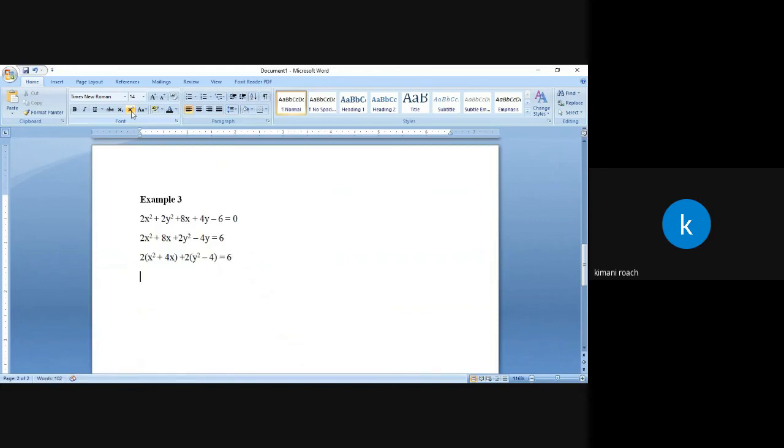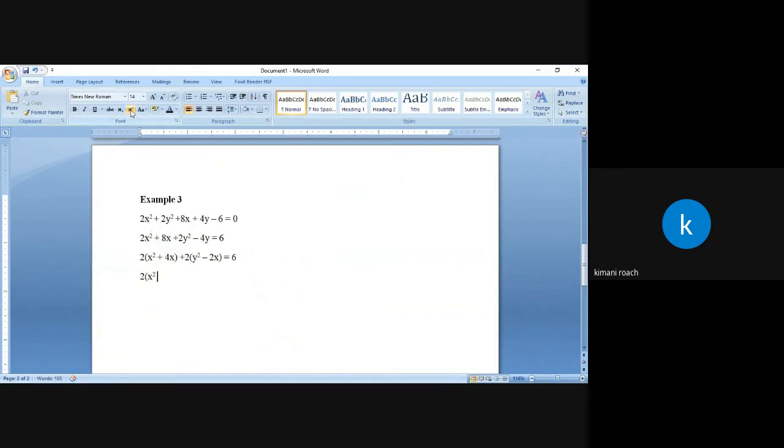Now we're going to apply the rules of completing the square. This should be 2y here, just for clarification. I'm going to take half of b, square it, and add it to both sides.